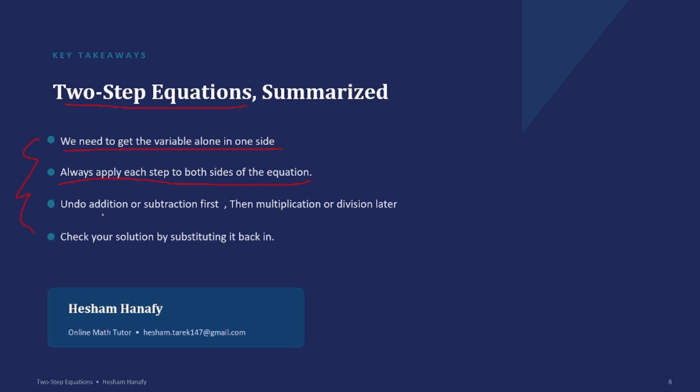Then we apply the opposite of the operation which exists in the equation, but in order: the addition or subtraction first, then multiplication or division later. And the last step is to check your solution so you can make sure that your answer is correct, by substituting your answer in the equation and seeing if it gives the same result or not.